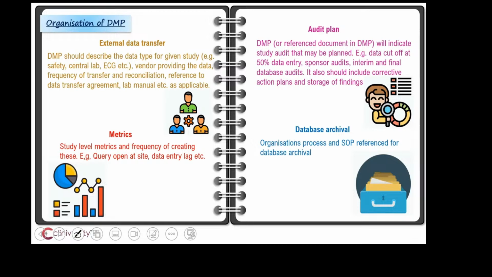The DMP should also define how often during the course of the study quality assurance will take place. The audit plans could be multiple, internal or external. Examples you can see on the screen are when the data cutoff happens with 50% of the data entry, sponsor audits, and interim and final database audits. It will also include the corrective action plans and the storage of the findings.